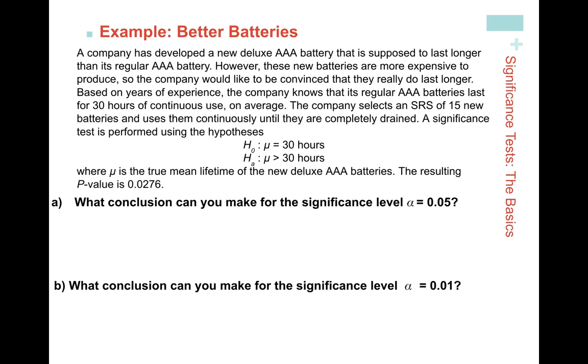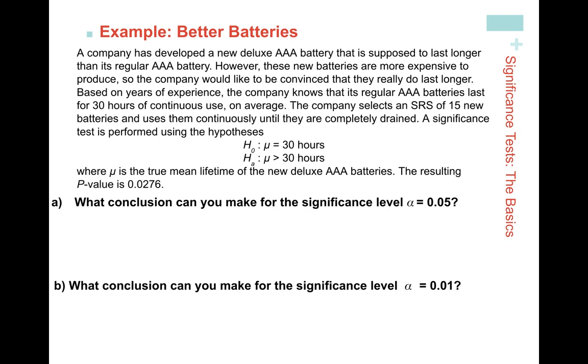So at the alpha equals 0.05 level, what can we conclude? Since our p-value of 0.0276 is less than alpha equals 0.05, do we reject or fail to reject H null? We reject H null. That's your first concluding sentence. You're going to have two sentences.